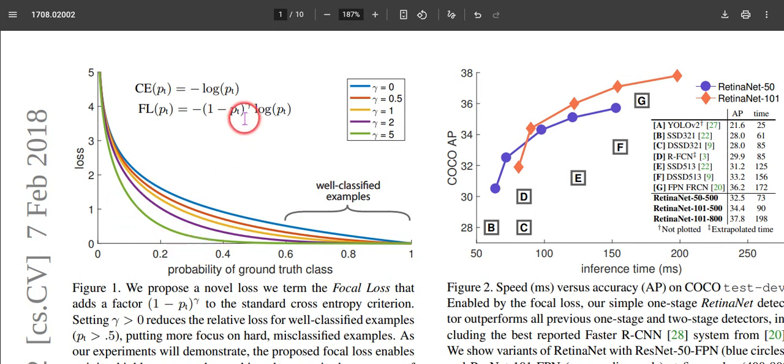But if gamma is initially increased to a high value like 5, then all the well classified examples are masked, and it focuses on a very small number of hard samples.